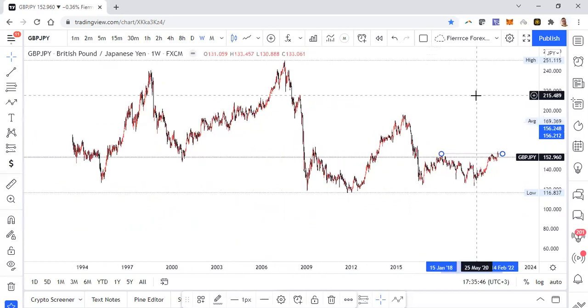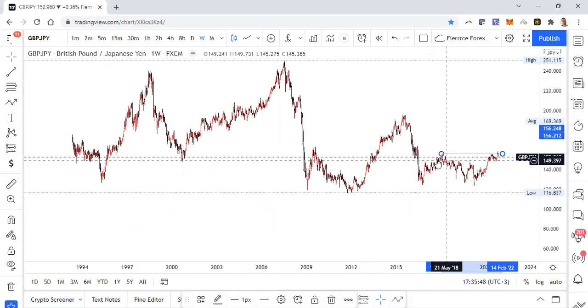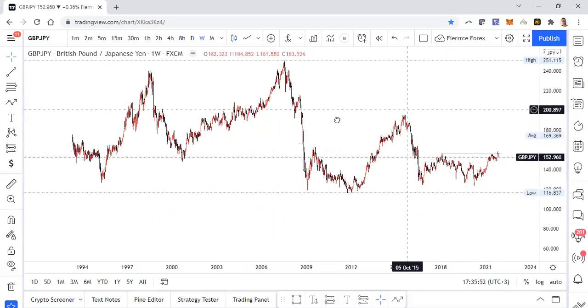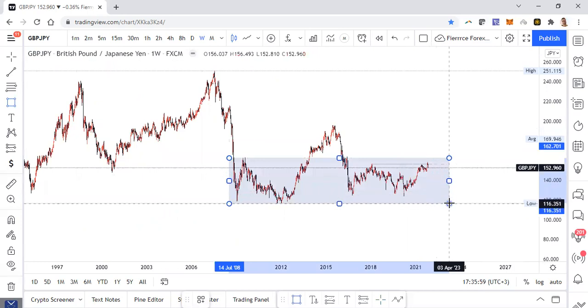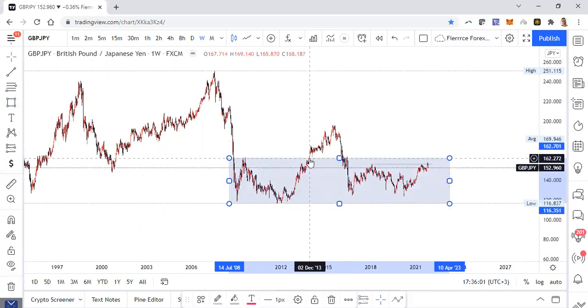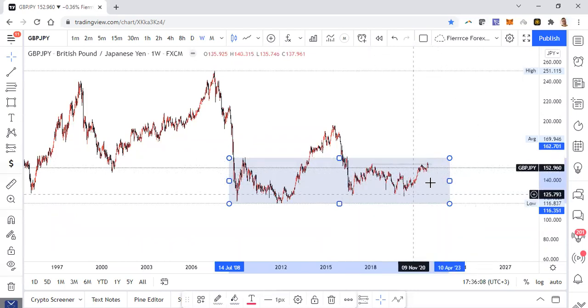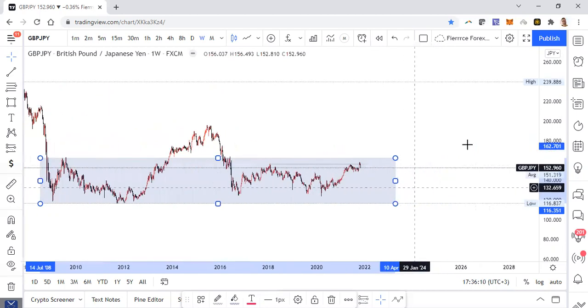GJ has really been consolidating in this zone, okay? When I say zone, I just mean this zone here, okay? It broke out some years ago, and then came back, and it's just been in this zone for the longest time.